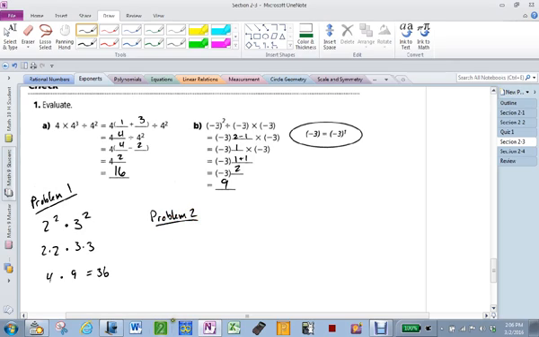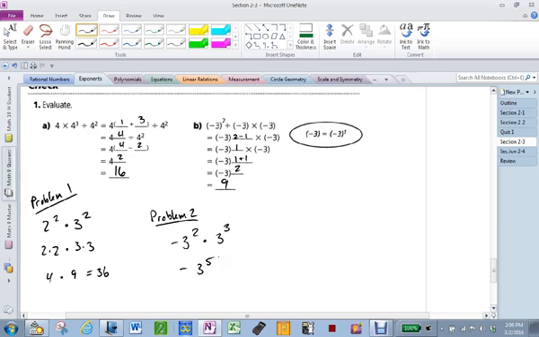Great. Problem 2 is this. Negative 3 squared times 3 cubed. What's the base? 3. They're both 3, aren't they? Because that negative is just at the front, isn't it? Right? So that is negative 3 to the 5th, right?